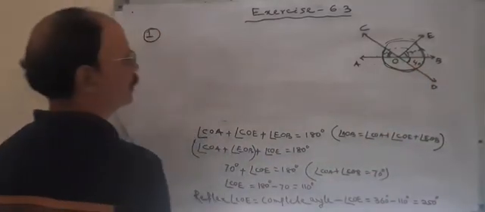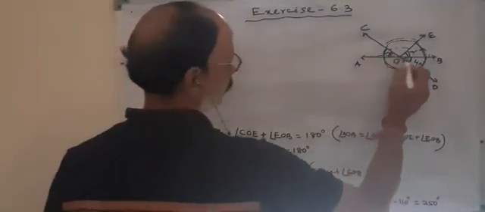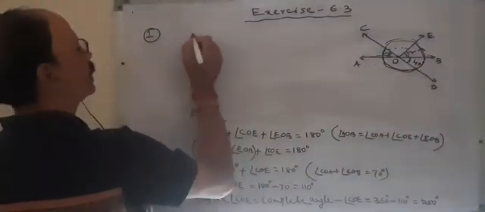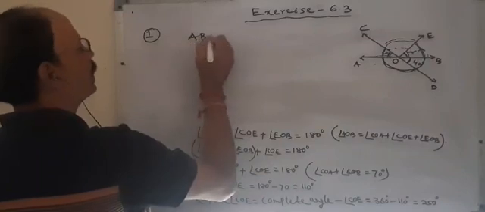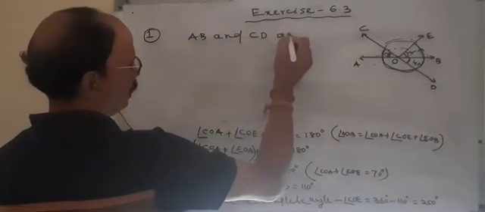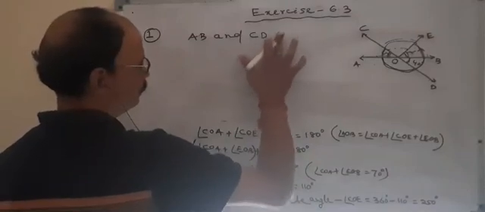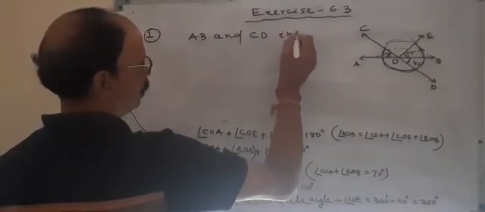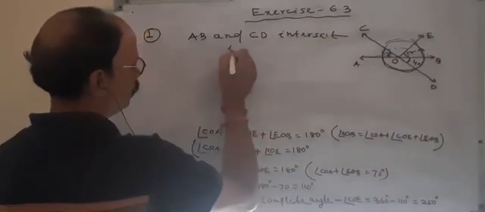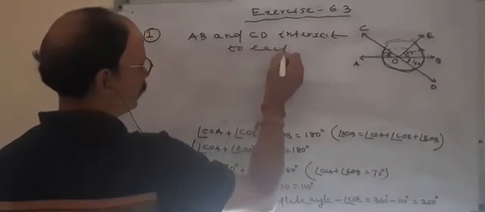Why? Because AB and CD intersect each other. So what will we write? AB and CD intersect each other.